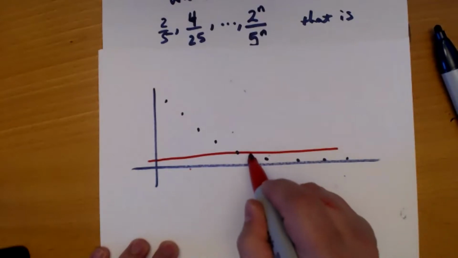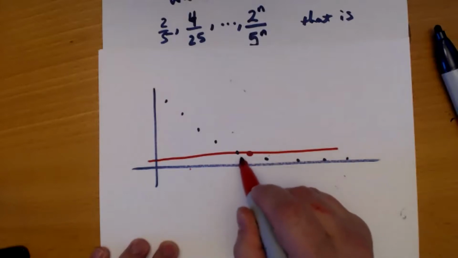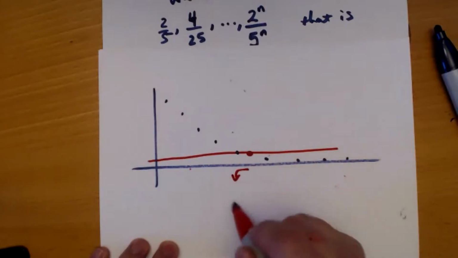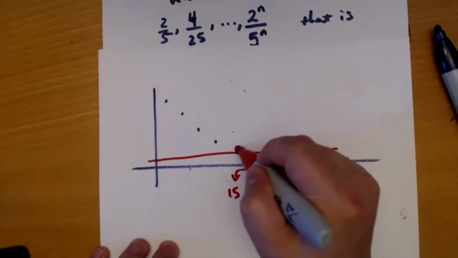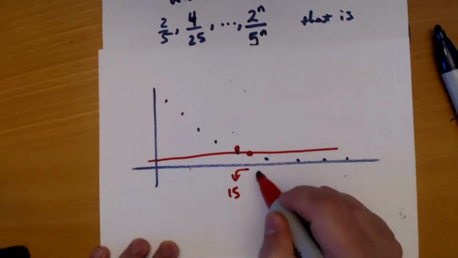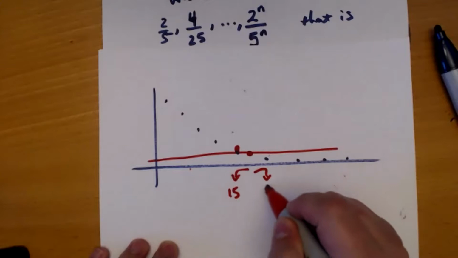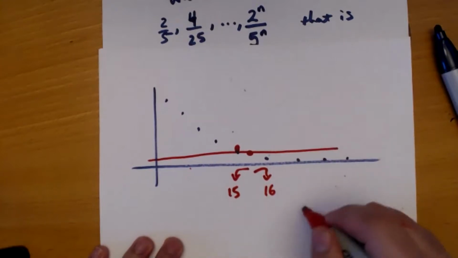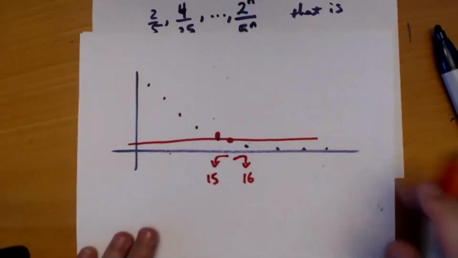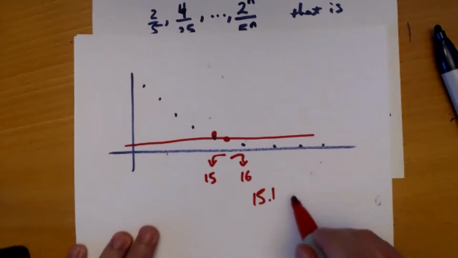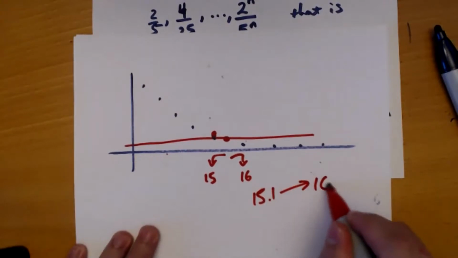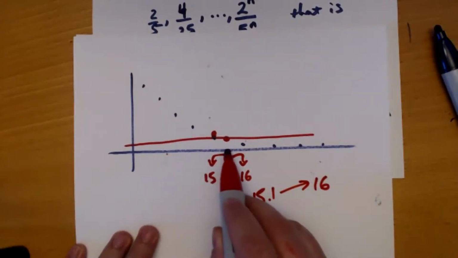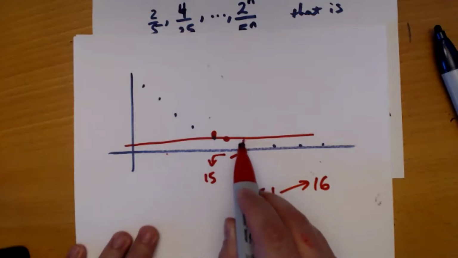After a certain point, before that point, on the 15th term, it's still too big. After this point, it's now smaller than that. So that means we're going to round up, even though it's 15.1, we're going to round up to 16 so that we get below the threshold.